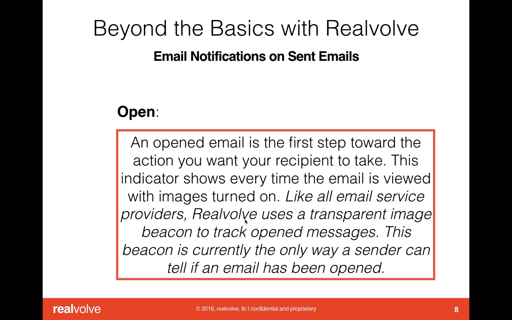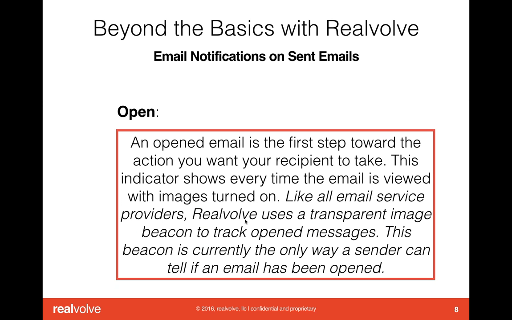The next thing, which is what you really want them to get to, is open. Now, open is a status that says, okay, not only has it reached their server, but they've actually opened that email and they are viewing it. Now, there's a little caveat to that.